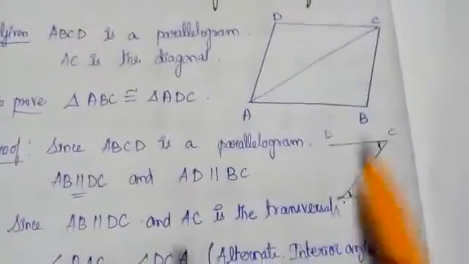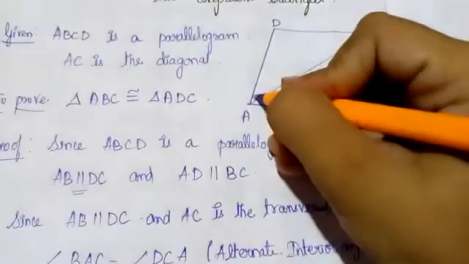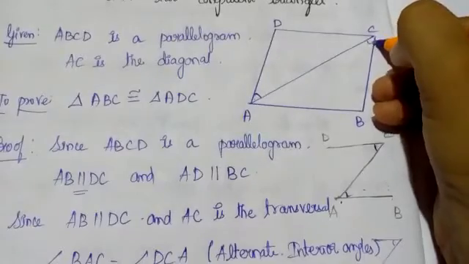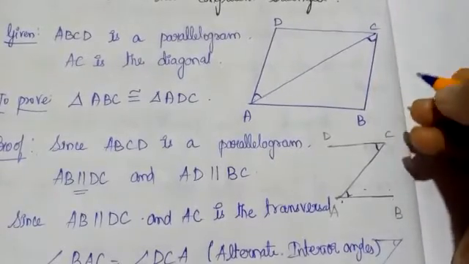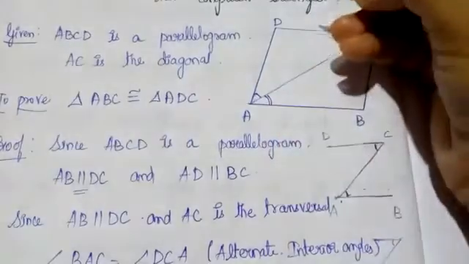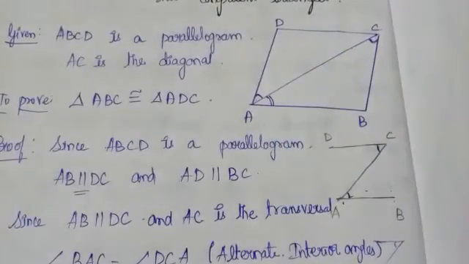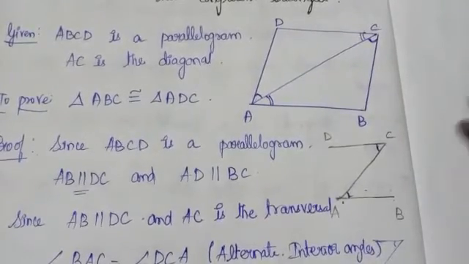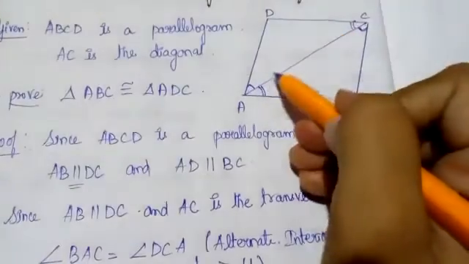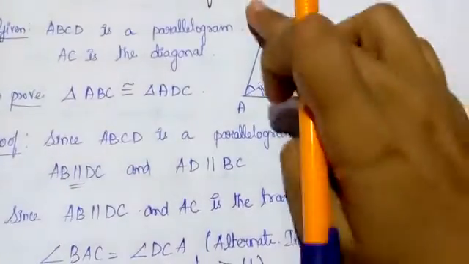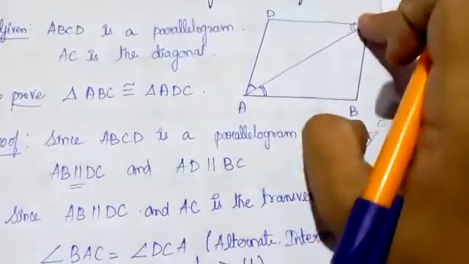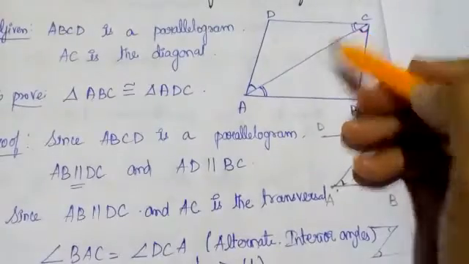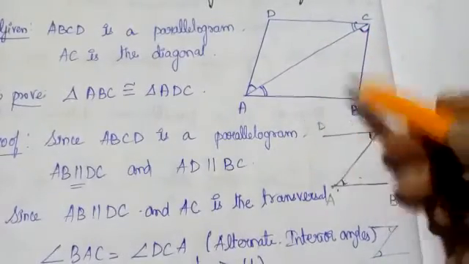Next, we have proved that angle A is equal to angle C, and similarly the angles formed here are also equal. So in triangle DAC, or ADC, two angles are equal to the corresponding two angles of the triangle ABC.